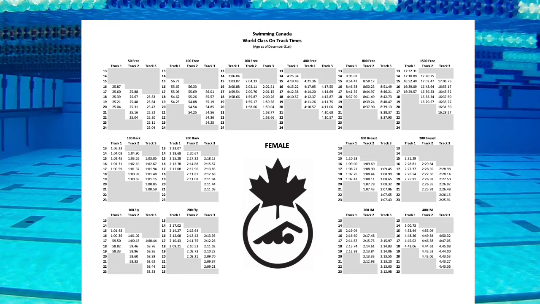So here we have a chart that reflects the younger age groups not having the shorter distances to race and having on-track times to track them. The focus needs to be on longer distances, stroke efficiency, and aerobic conditioning in those age groups. So if you look at the 1500 free, there is a 13-year-old on track 1 time.